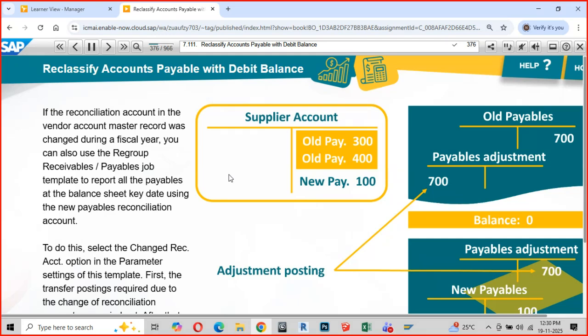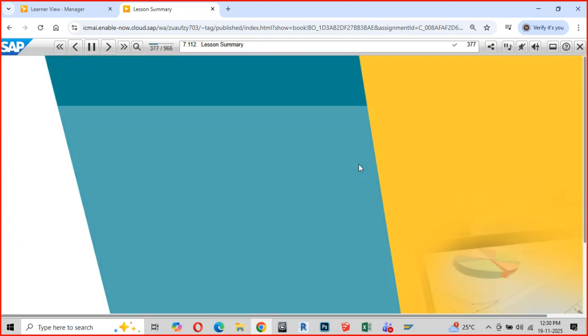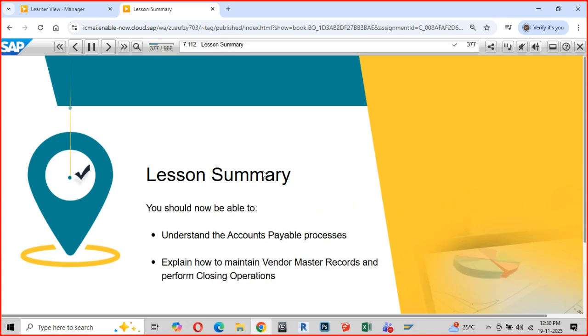The customers showing the credit balance and the vendor showing the debit balance. They are unfavorable. All are self-explanatory. So we have reached the lesson summary.